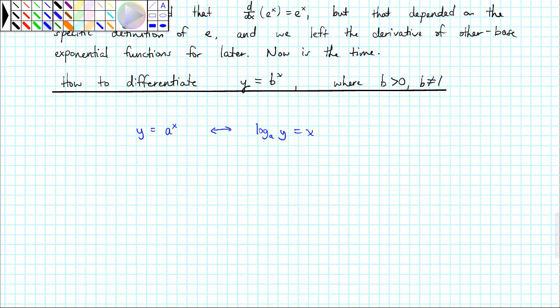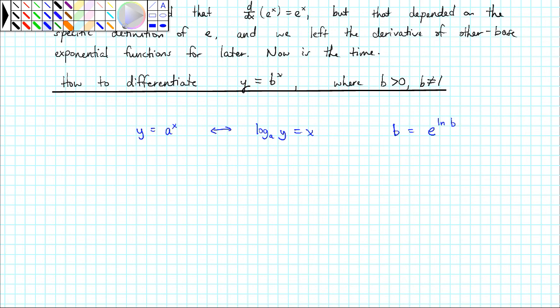Okay, this is not the most efficient way of explaining this, but any number b is the same as e to the natural log of b. That's basically because the exponential base e and the natural log are inverses of each other, so this is composing those inverses.